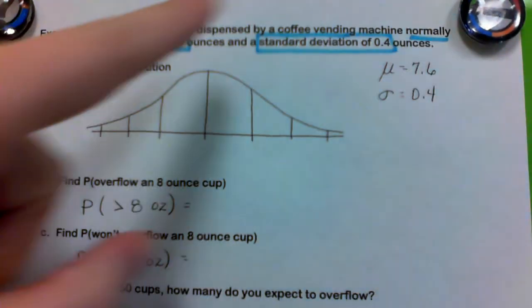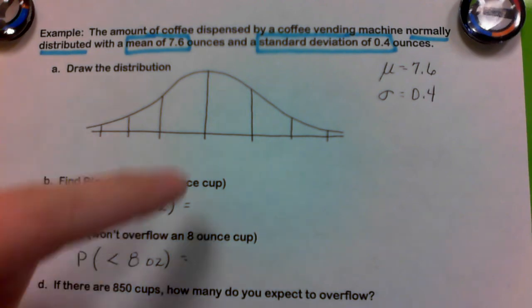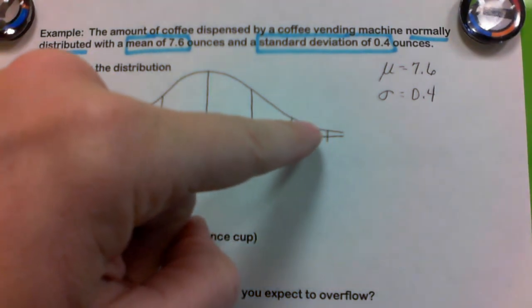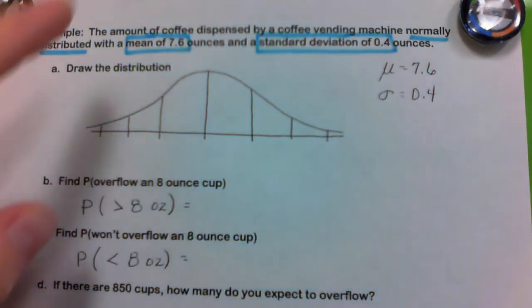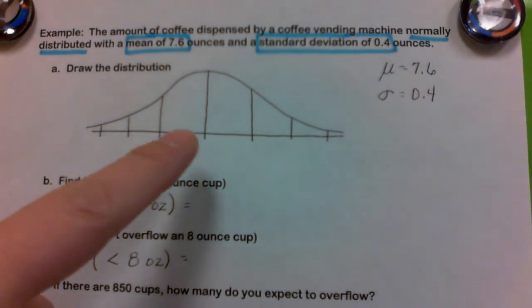That is very important, because that tells me the bell curve works. That tells me those percentages of 34%, 13.5, 2.35, and 0.15 work in this because it's normally distributed. If it wasn't normally distributed, we could not apply this information.